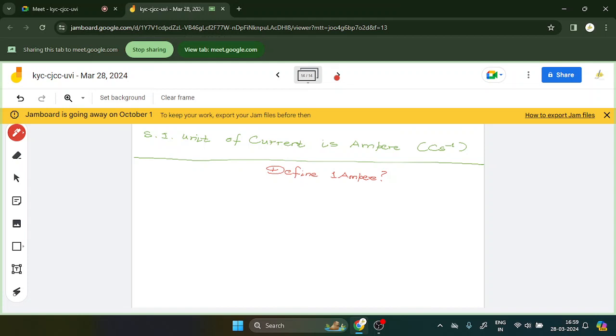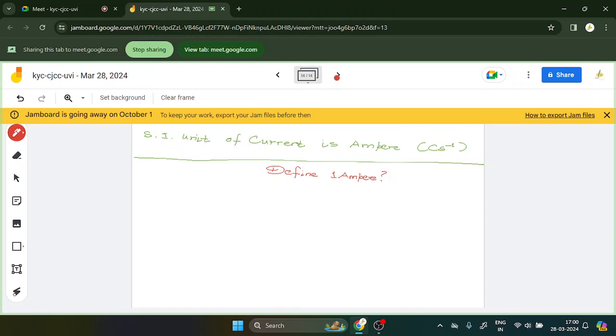What is current? Current is the amount of charge flowing through a conductor in a given time. Tell me. I don't know how to explain.